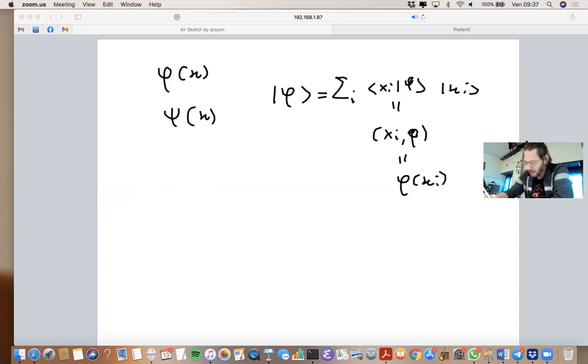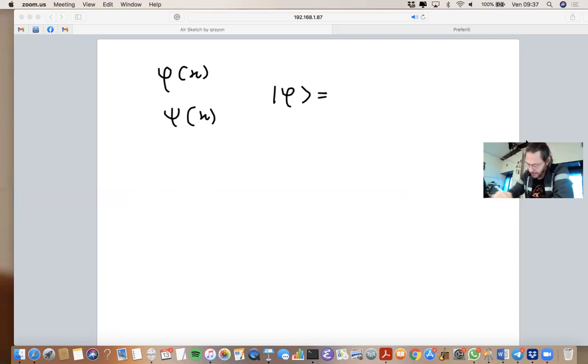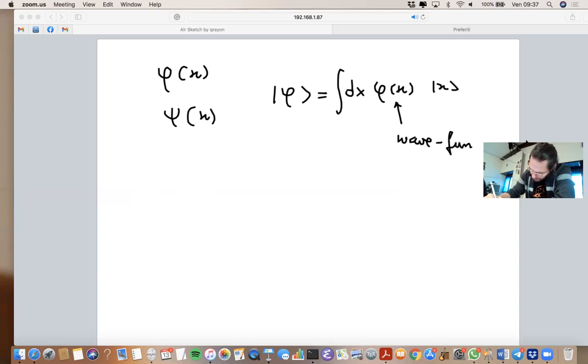So if now I take a continuous set of positions, not just a discrete set, the sum becomes an integral, and I can write the integral of dx phi of x, |x>. And this is the wave function, the representation of the quantum state in position representation.